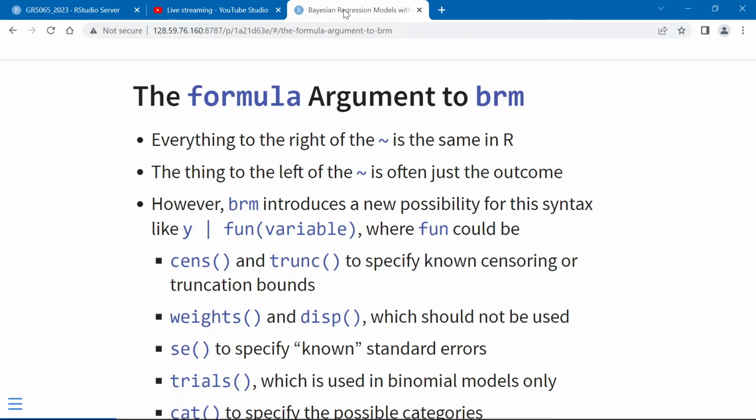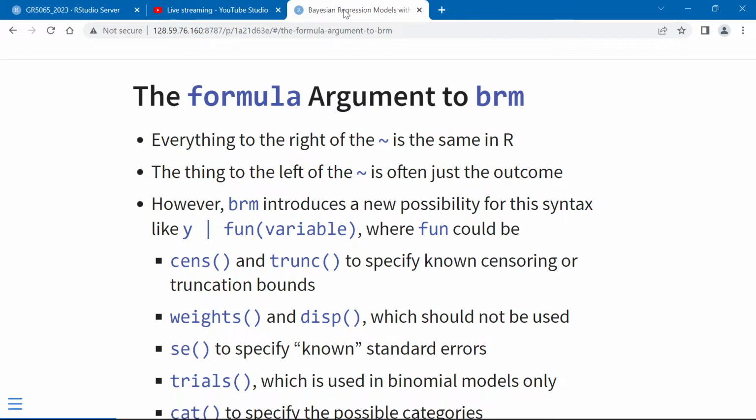And then cat can be used in categorical models if there are more possible categories in theory than there are in the data. Well, there are more in the population. There might be more categories than are represented in the data, and so you can use that to specify what the levels of the categories are.